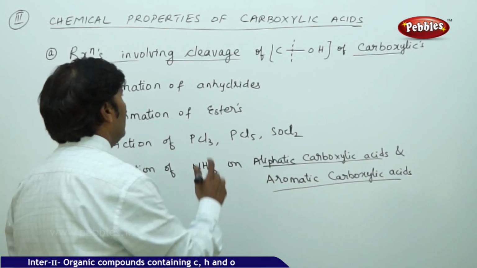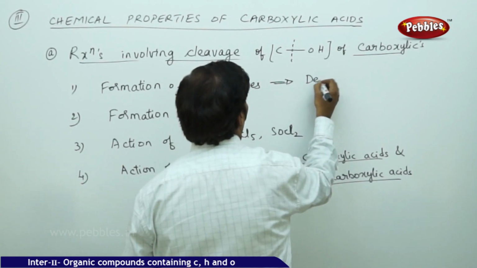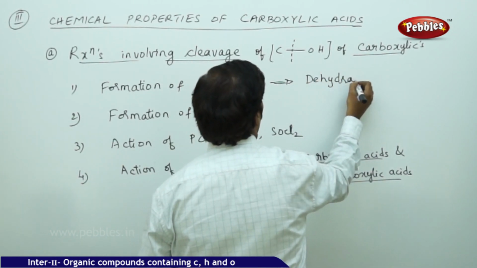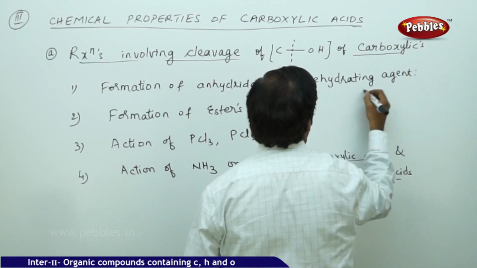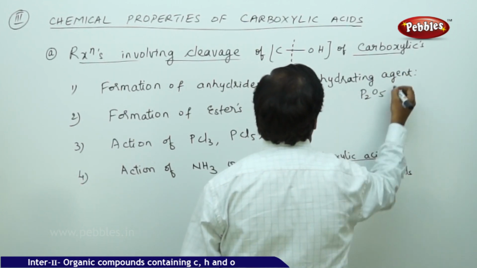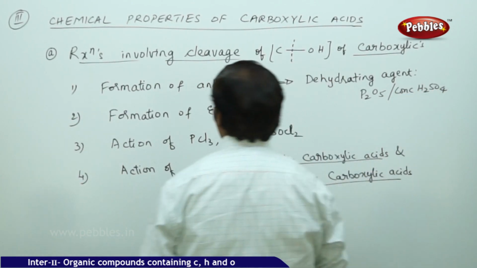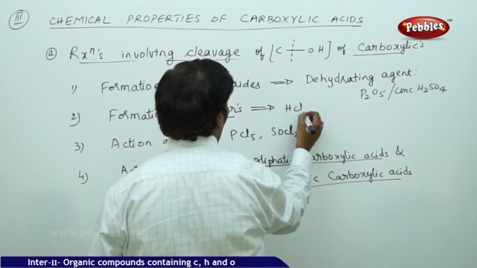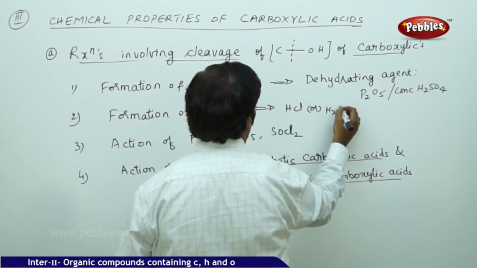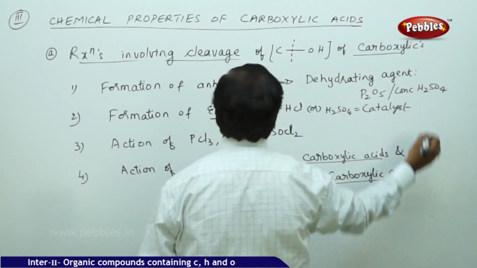In the formation of anhydrides, we need to use a dehydrating agent, that is P2O5, phosphorus pentoxide, or you can also use concentrated H2SO4. In the case of formation of esters, HCl or H2SO4 will act as a catalyst.